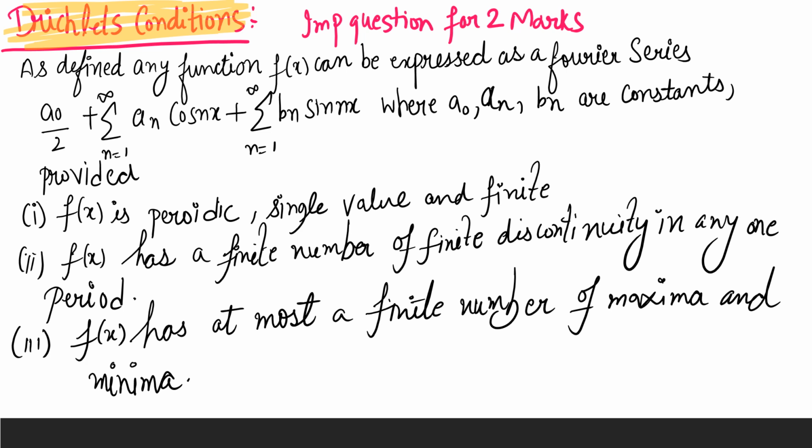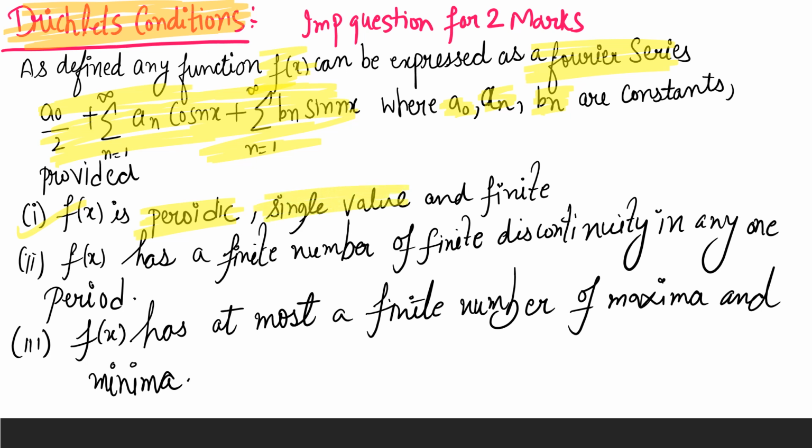As defined, any function f(x) can be expressed as a Fourier series: a naught by 2 plus summation n=1 to infinity a_n cos nx plus summation n=1 to infinity b_n sin nx, where a naught, a_n, b_n are constants, provided f(x) meets certain conditions. What is the condition of f(x) so that it can be represented as a Fourier series? f(x) should be a periodic function. What is a periodic function? A function which repeats its value after a fixed time interval.